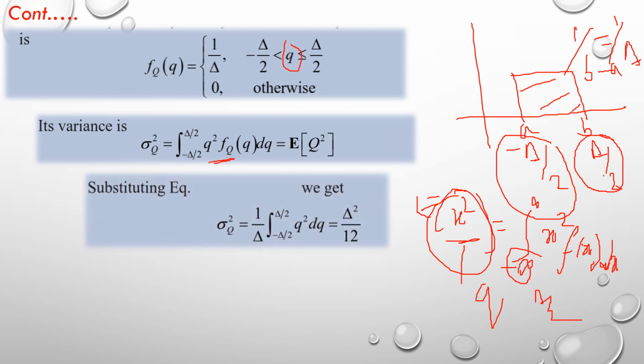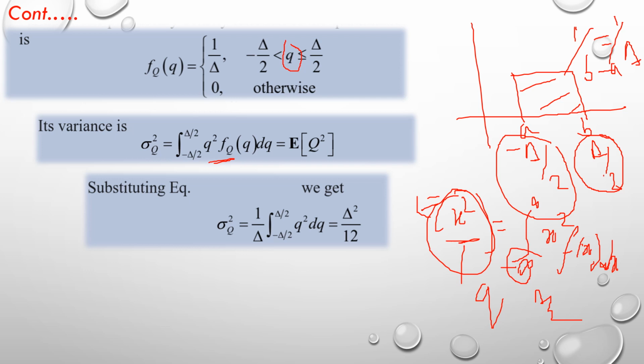Now you substitute the f_Q of q value. We know that f_Q of q is equal to 1 by delta when q is greater than minus delta by 2 and less than delta by 2.